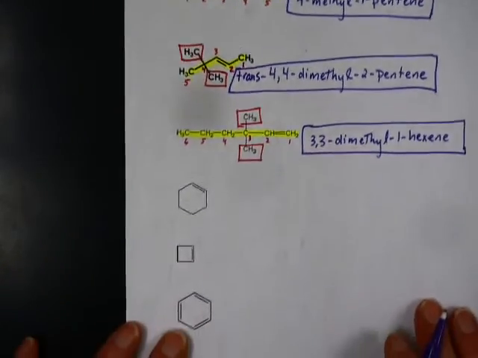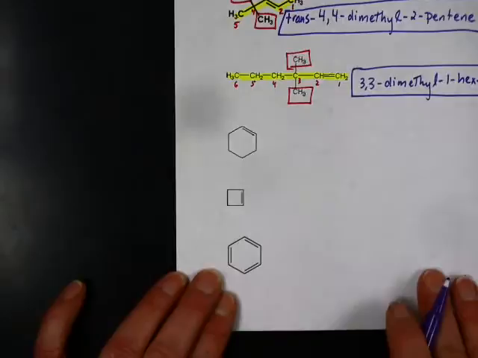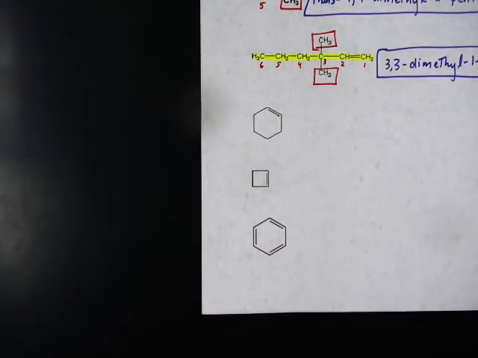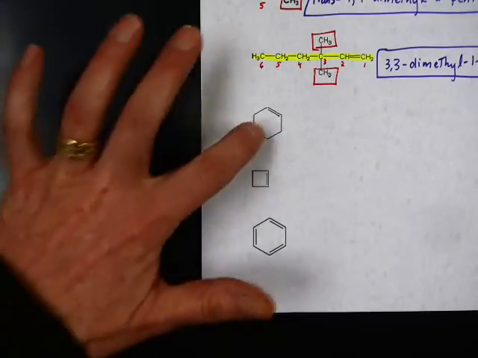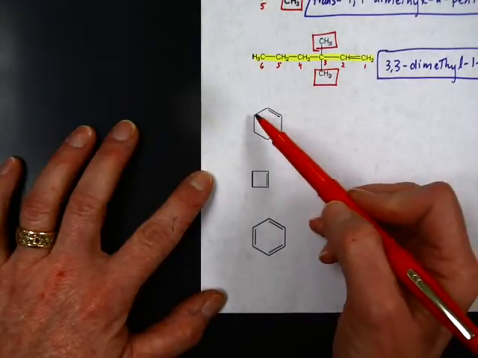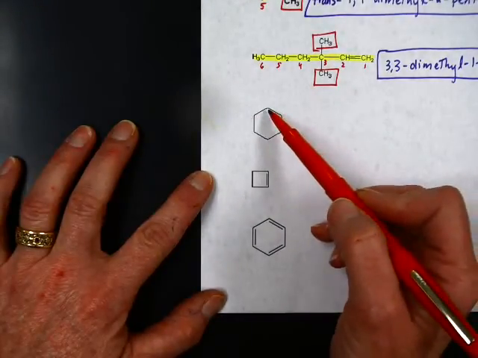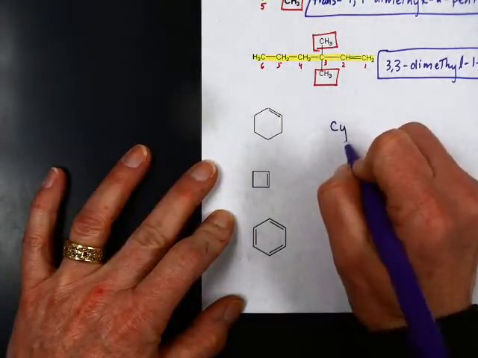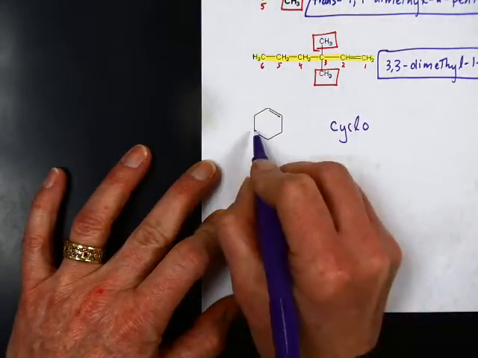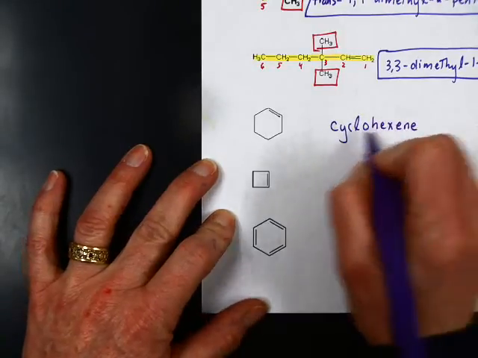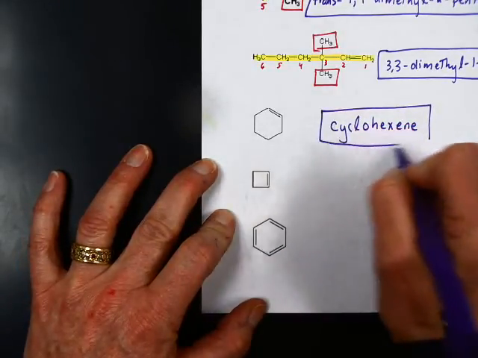What about when you get a cyclic compound? Those are actually almost the easiest ones, especially because we're not naming cyclic alkenes that are branched. We're naming just plain old alkenes, cyclic alkenes. Count the carbons, 1, 2, 3, 4, 5, 6. The fact that it is cyclic means the name will start with cyclo. 6 carbons is hex. Ene because it's a double bond. That's it.